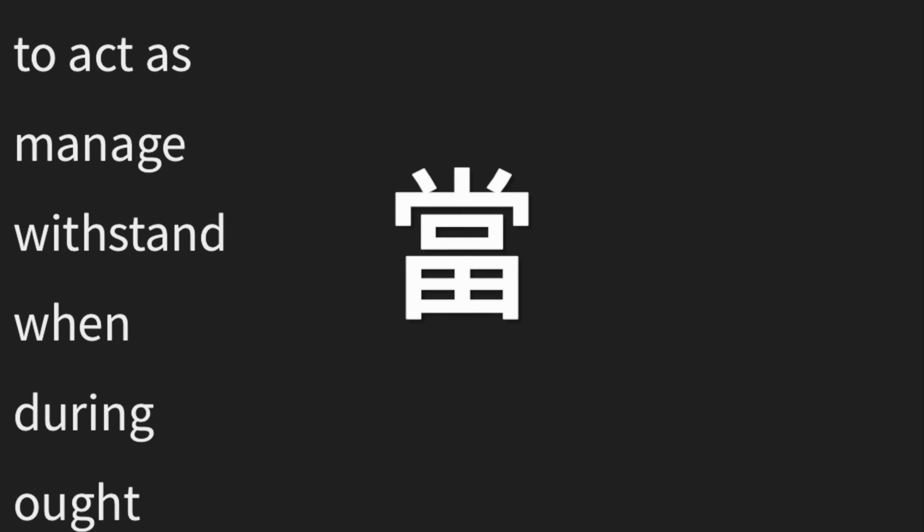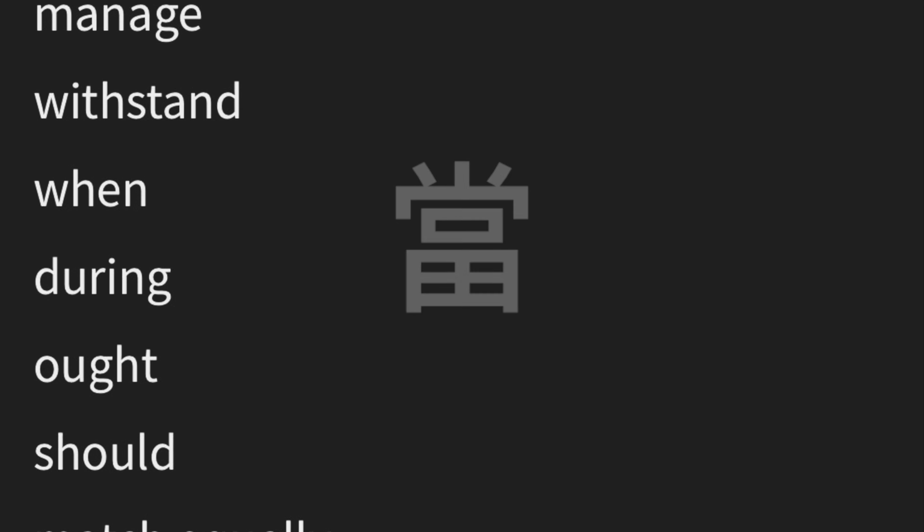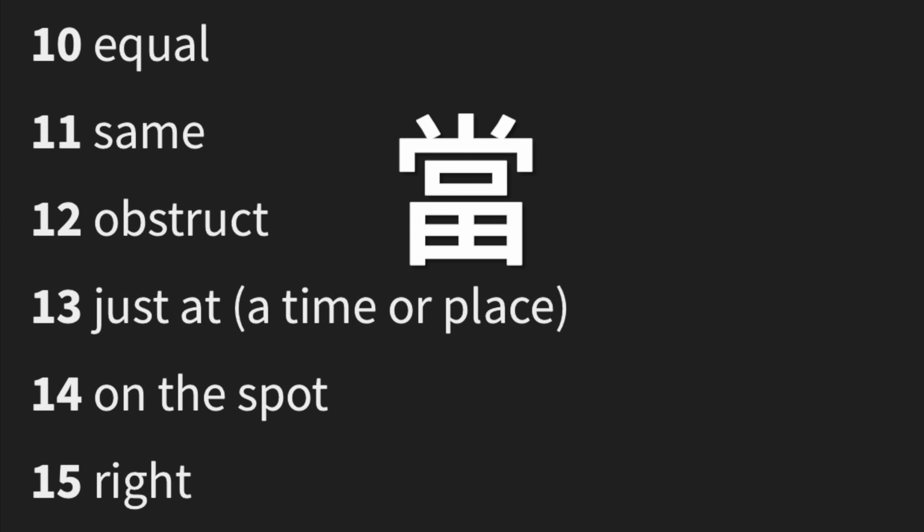Take a look here. The first one is dang or dang, and the second one is fu. A little bit different up top there. There's also a meaning of appropriate or very appropriate. So 相当好 is very, very good. As you can see, there are varied uses for this dang or dang.